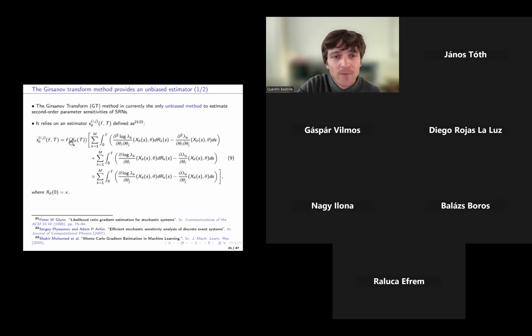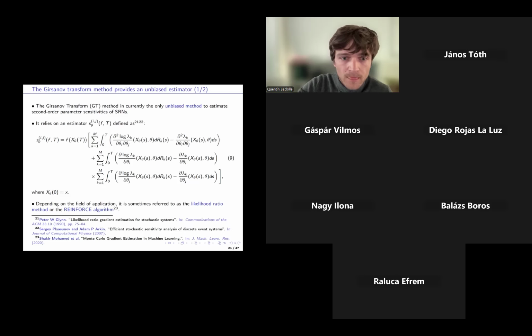So f is the output function. So it's f as the function of the state at the terminal time times some terms where you have integral against the reaction counting processes and against time. And maybe unsurprisingly, you have first-order derivatives of the propensities and first-order derivatives.